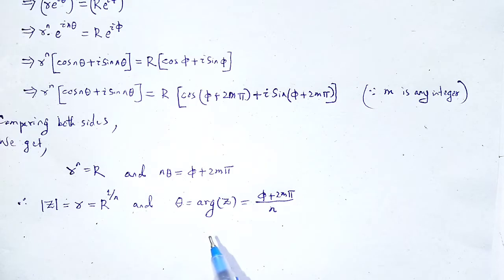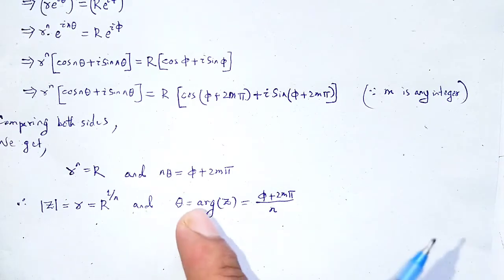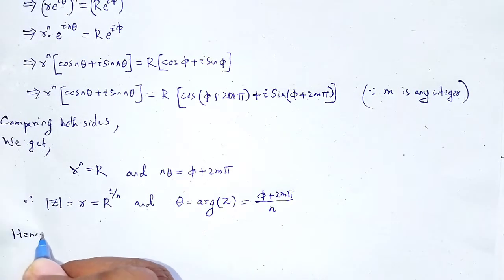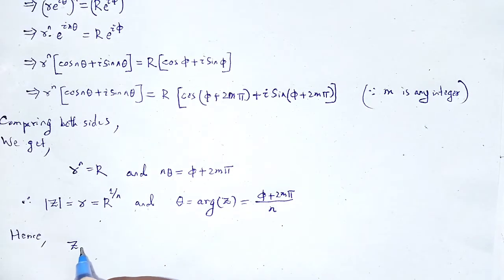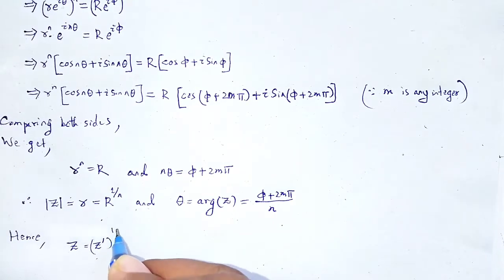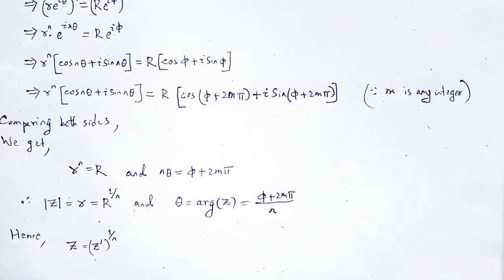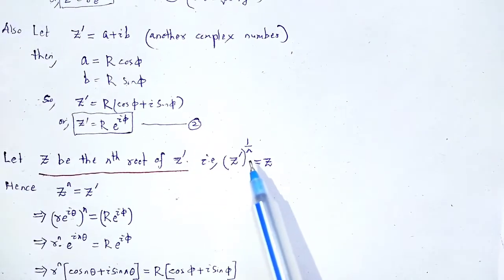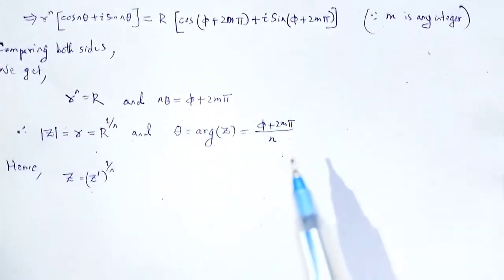These replacements we can introduce into the respective equation. Hence z is equal to z dash to the power 1 by n.